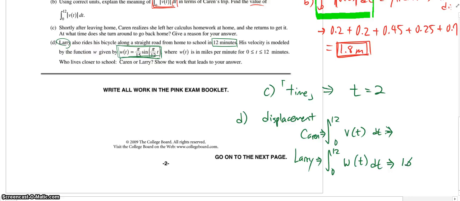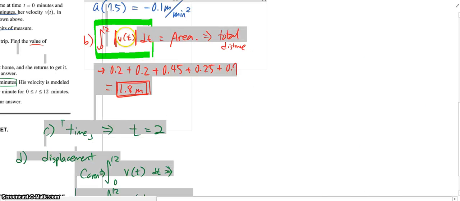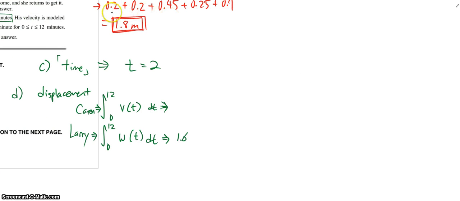And for Karen, from up here, all we need is this area right here, because these resembling triangles cancel out, since it's the displacement. They were 0.2 and 0.2, so we end up with 1.4.